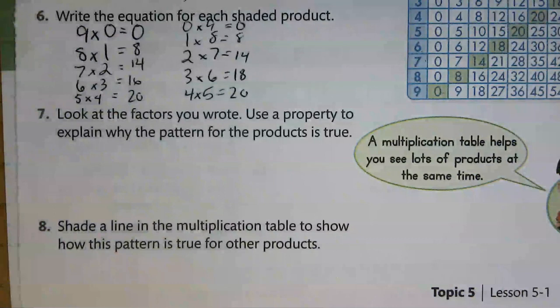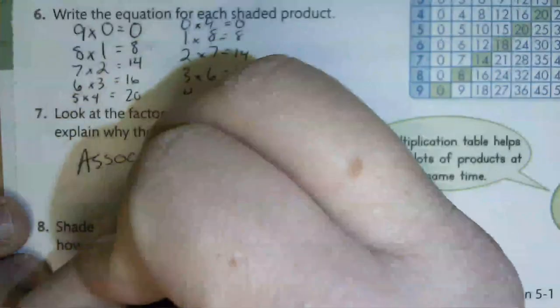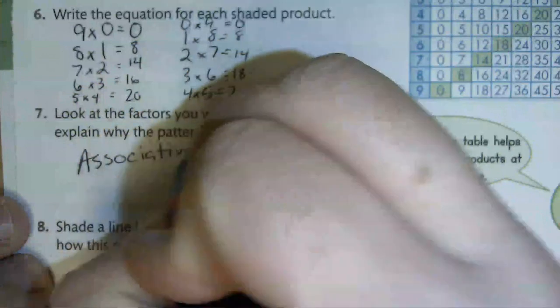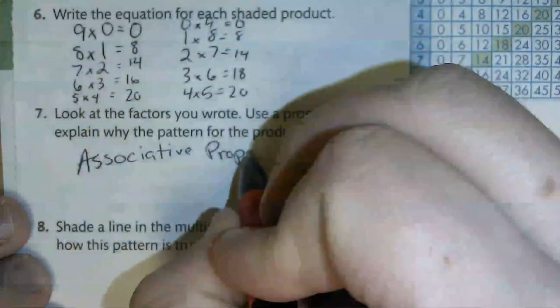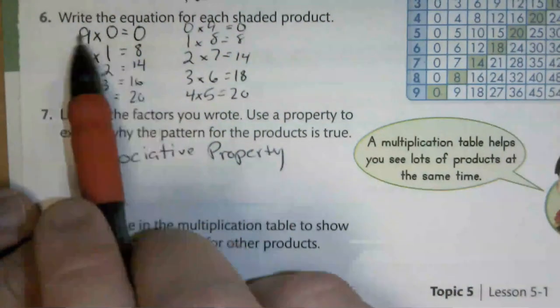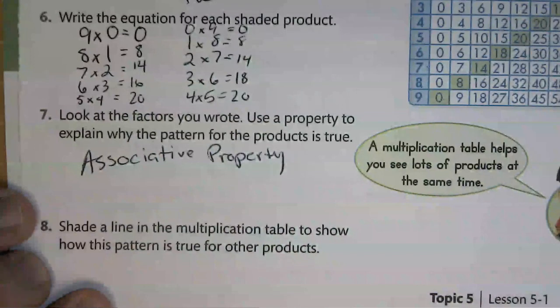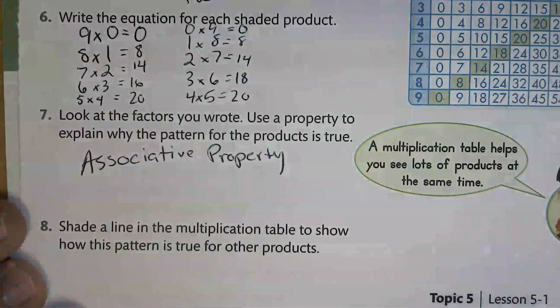Well, if these are in the same fact family, then when we flip them around, this is called the associative property. The associative property tells me I can multiply these in any order and still be able to get the same answer. All right, so the associative property is what helps me out.